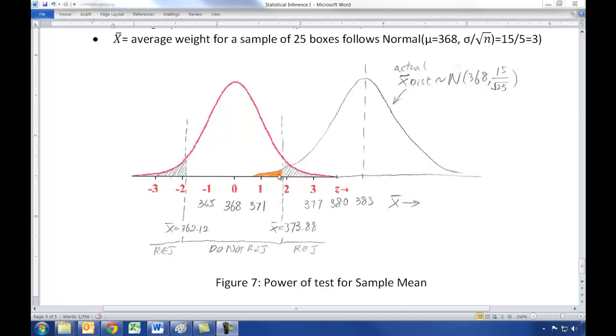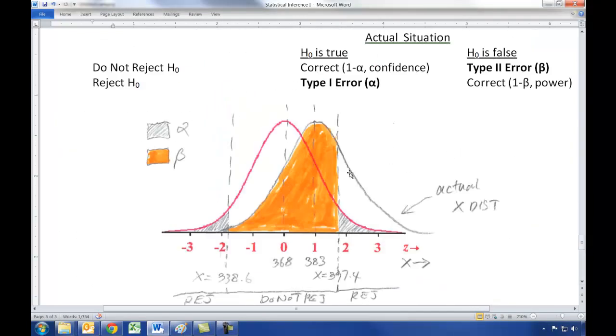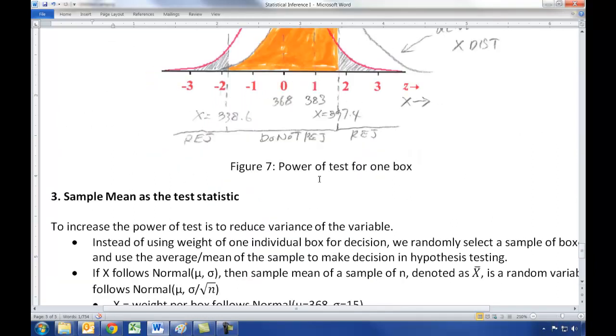And similarly, we assume that the null hypothesis is false. The true mean is actually, again, drifted to 383. But thanks to the reduction of standard deviation, now we can show beta in this case, again represented by the orange area, has reduced significantly compared to our earlier example of using just one box for the test.